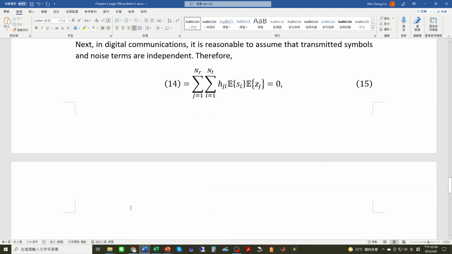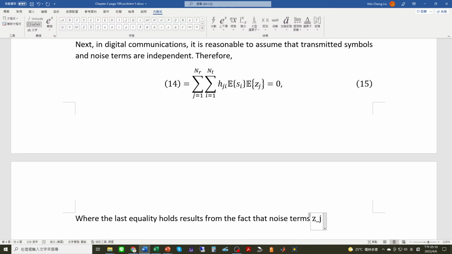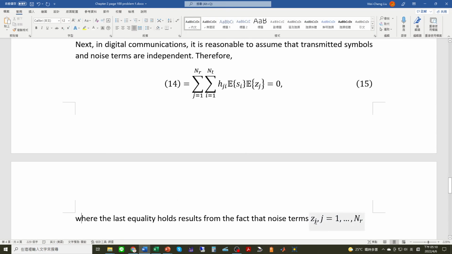Why is this equal to 0? Where the last equality holds results from the fact that noise terms Z_j, where j is equal to 1 to NR, are 0 mean.